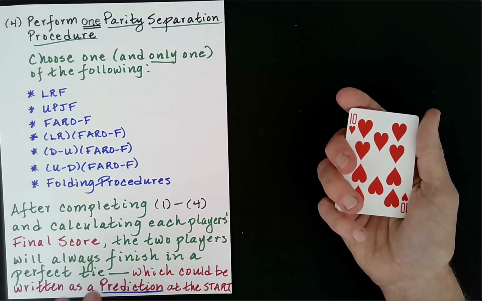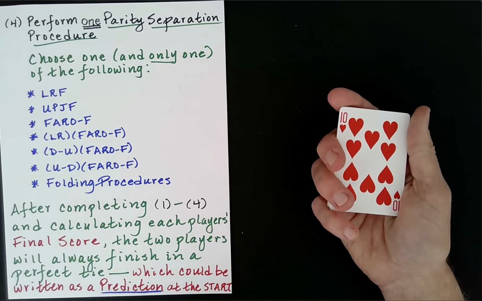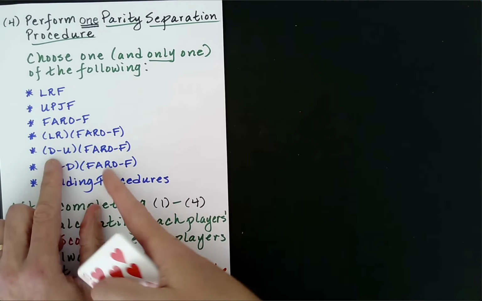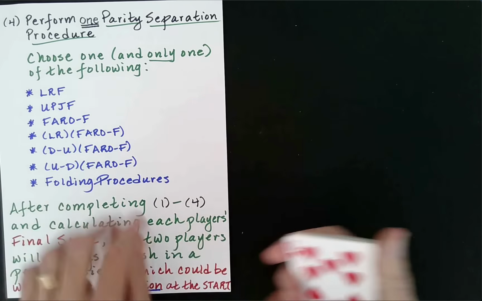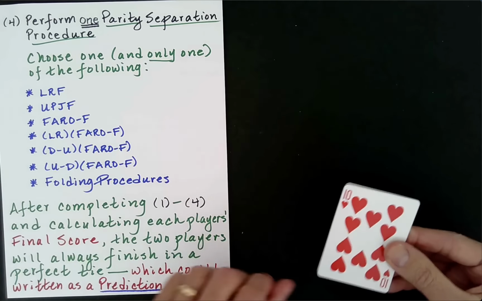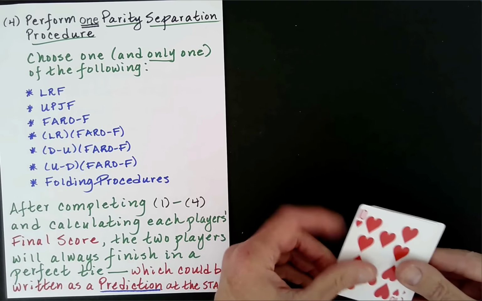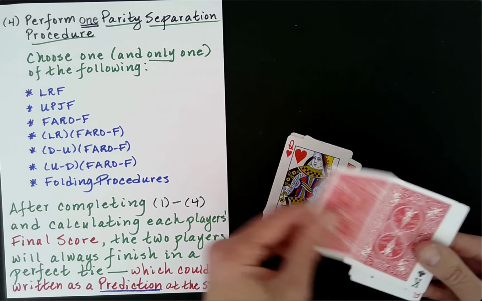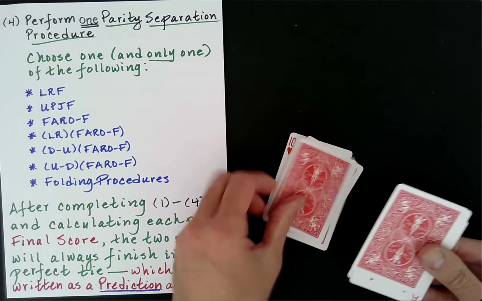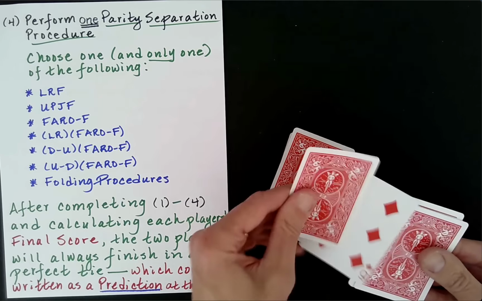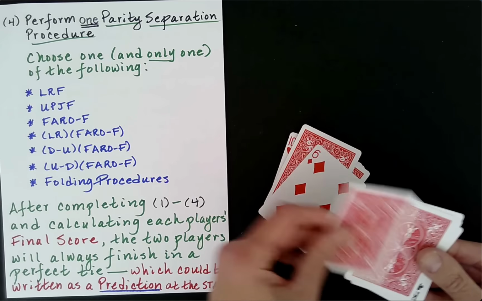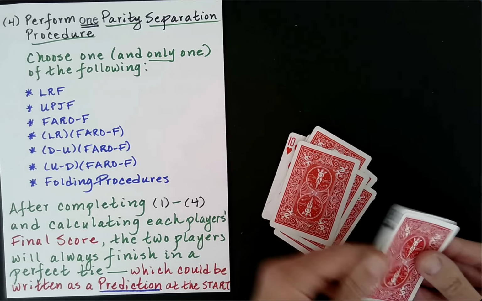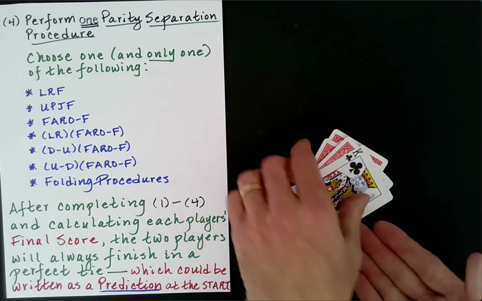Okay, so why don't we do one of these? Like this one here is kind of funny. Okay, so down, under. So down, under, down, under, down, under, down, under, down, under, down, under, down, under, down, under, down, under, down, and then last one goes on top.